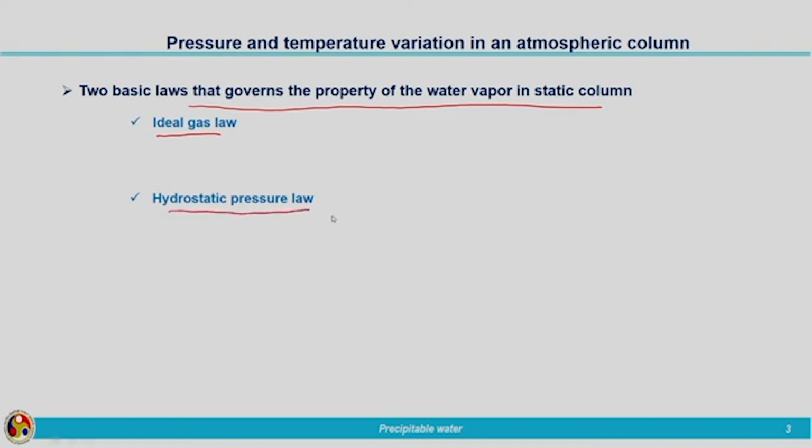Ideal gas law we have already seen before when we were talking about pressure, vapor pressure and the total pressure. P is equal to rho_a R_a T, where P represents the pressure related to moist air. That is why we have a subscript a for all the terms contained within that.